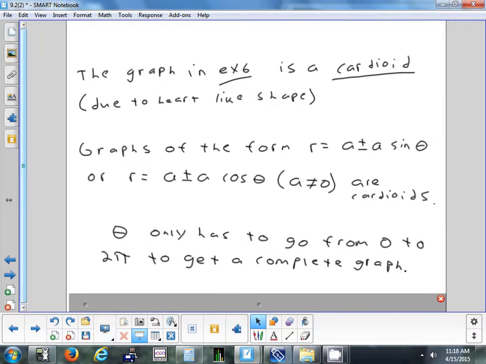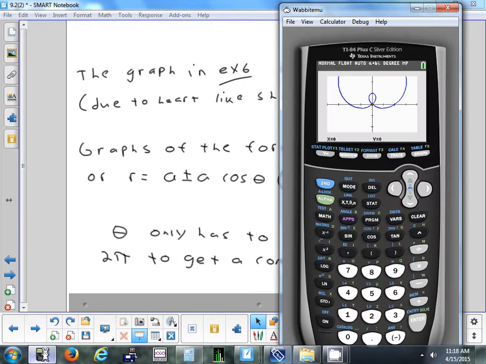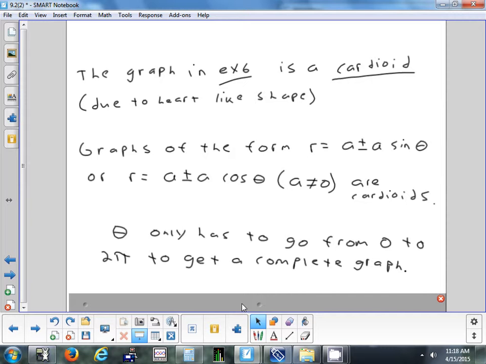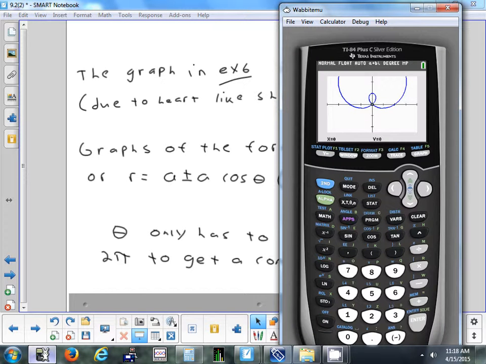Okay, to get a full picture, you only have to go from 0 to 360. It's not called T-min and T-max anymore. Now it's called theta-min and theta-max because we're in polar. And it's not T-step, it's theta-step.